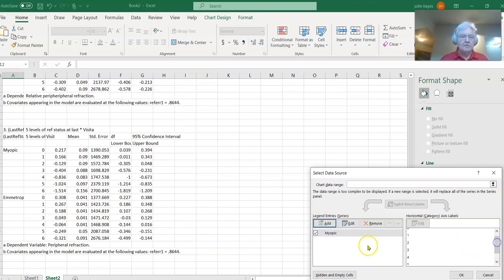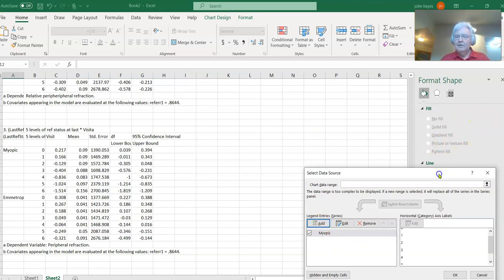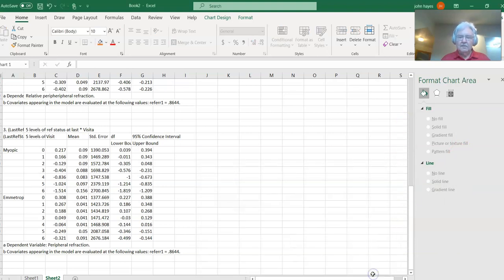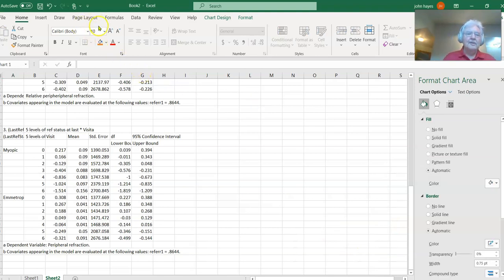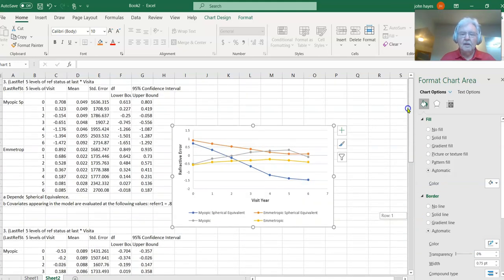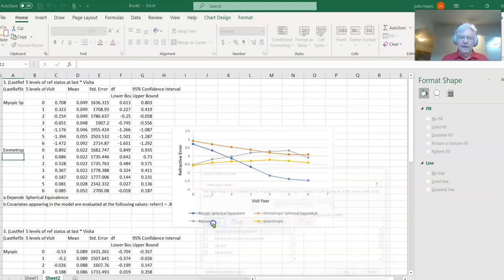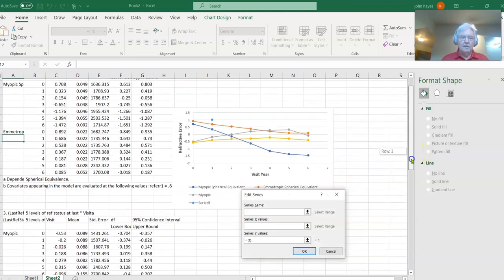What just happened? Oh, this is scary. What happened to all my other stuff? Where's my graph up here? What have I done? Let's cancel that. I don't know what just happened. Let's come up here. Okay, there's our relative peripheral refraction. Now let's go to select data. Let's add. Go down here.